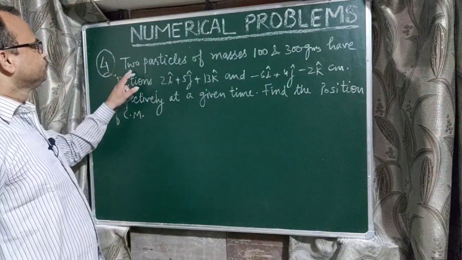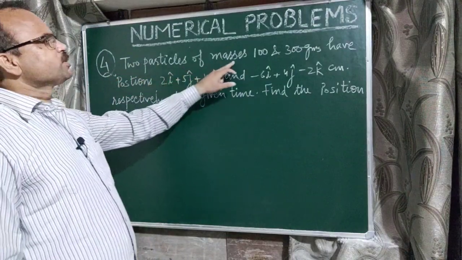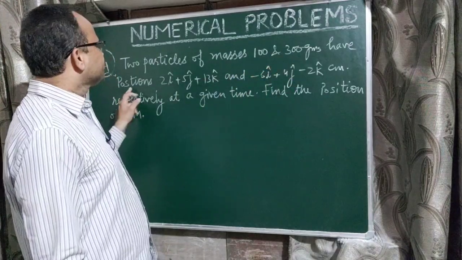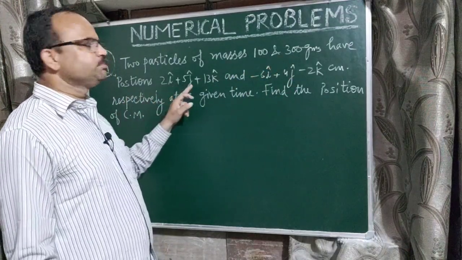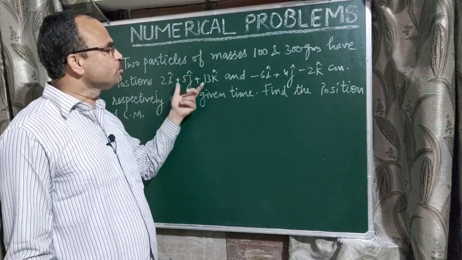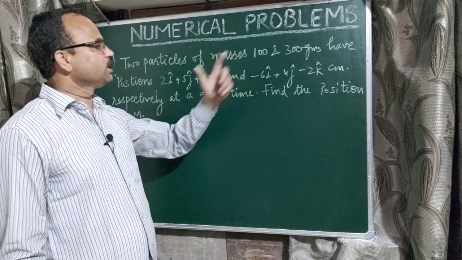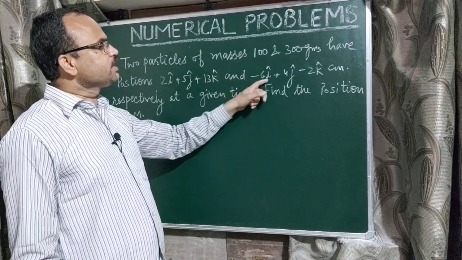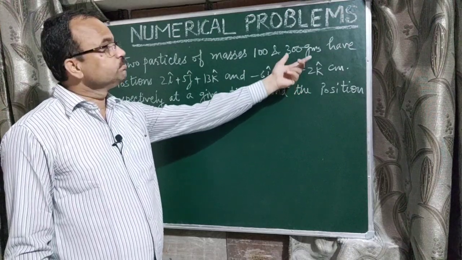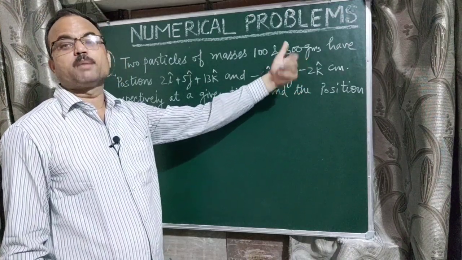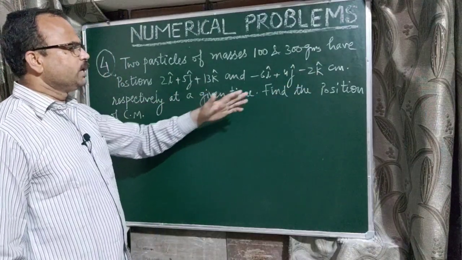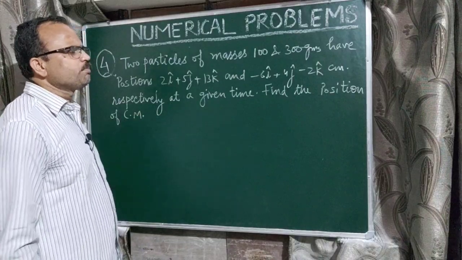Note the question number 4. Two particles of masses 100 gram and 300 gram have positions 2i cap plus 5j cap plus 13k cap, which is the position vector of the first particle, and 6i cap plus 4j cap minus 2k cap, the position of the 300 gram second particle, respectively at a given time. We have to find the position of the center of mass.